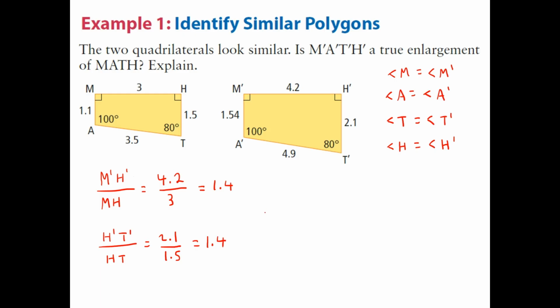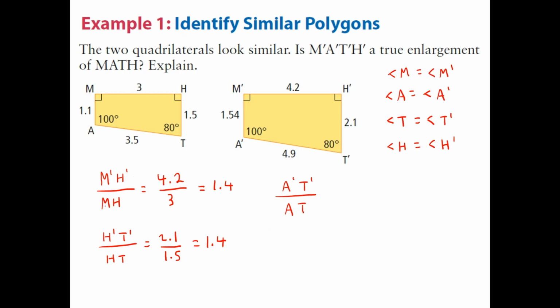Great, so now let's go to A to T and A prime to T prime. I have A prime to T prime divided by A to T. Notice how I'm keeping it consistent. If I start with my bigger shape on the top, I always keep it on the top when I find my scale factor, and I always keep the smaller shape on the bottom.